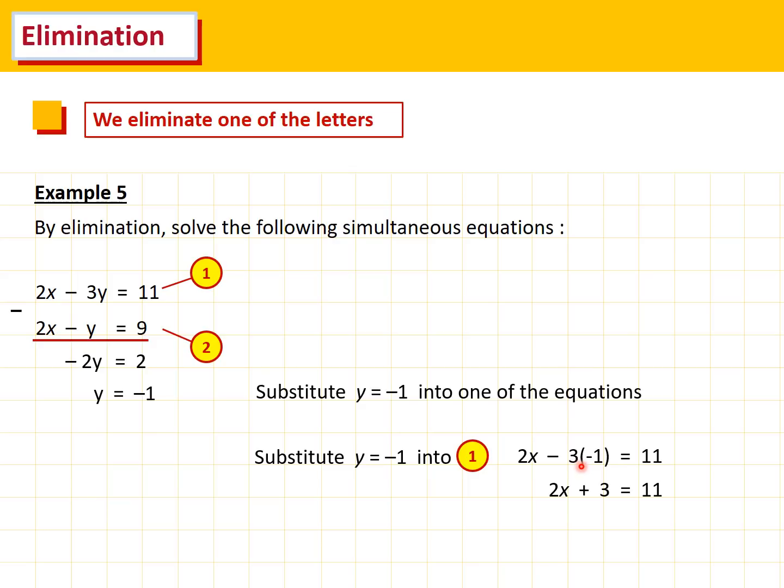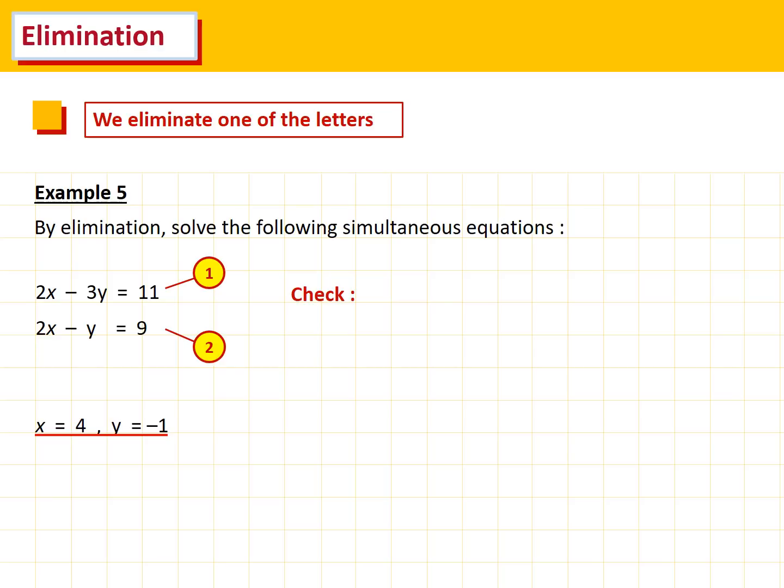Because 3 times negative 1 is negative 3, but we're subtracting the negative 3, so that's the same as adding 3. 2x plus 3 equals 11. If we subtract 3, it gives us 2x equals 8, and therefore x equals 4. We think we've got our answers. X equals 4 and y equals negative 1.